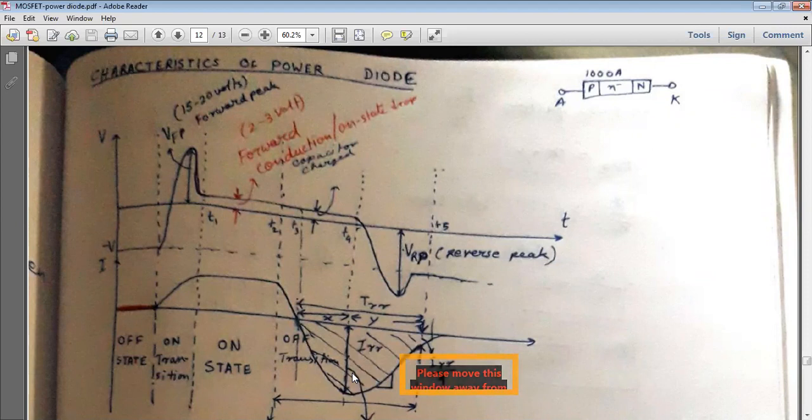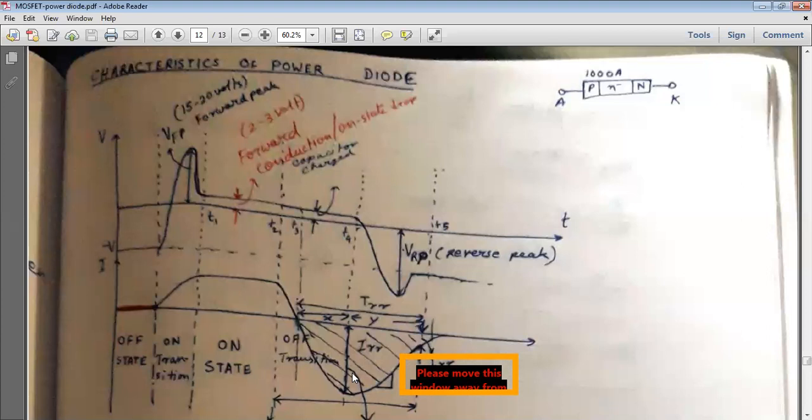Now the device enters the on state. During the on state, the resistance offered by the device is minimum, so minimum voltage is available. Now the current is maximum, so the current flowing through the diode is maximum. This small amount of voltage is known as the on state voltage drop, and it is 2 to 3 volt.